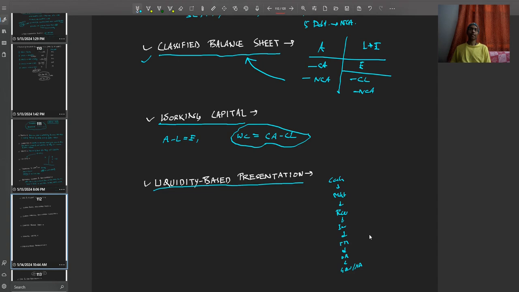This format is generally used by a bank where inventories and receivables, these things are not there. It's mainly cash, and starts with cash and then ends with goodwill and intangible assets generally. So that kind of representation happens.